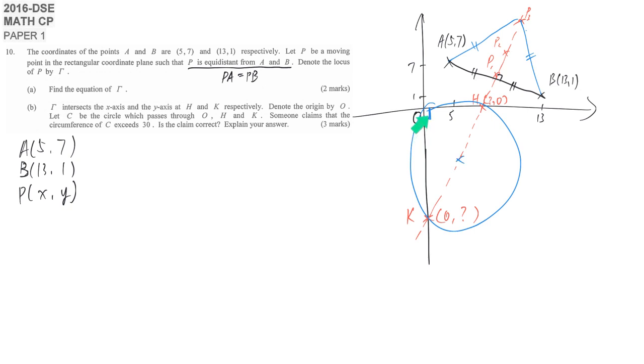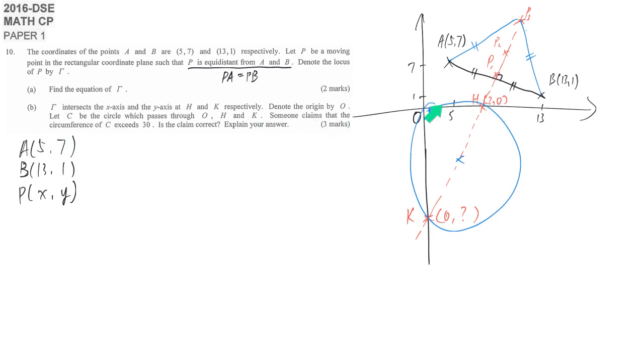Because this is 90 degrees, we know that O, H, K form a semicircle, which means that for the circle C passing through these 3 points, the center is the midpoint of HK.